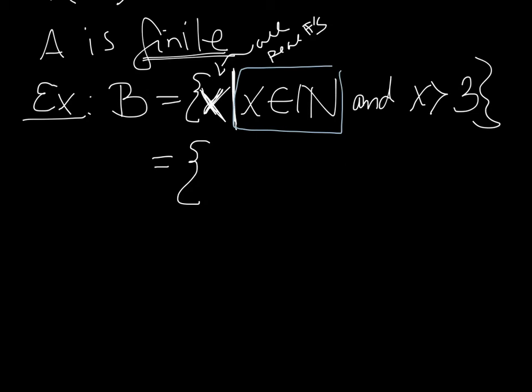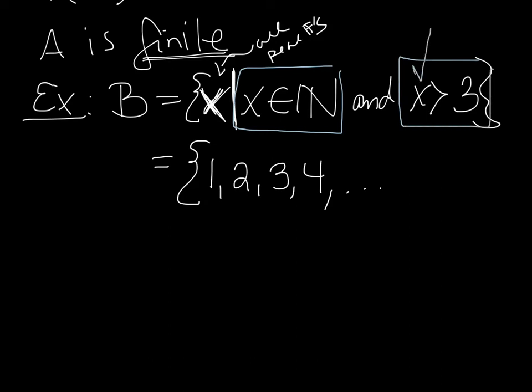Well, natural numbers are 1, 2, 3, 4, and so on. And the second condition is that natural number, the same one, has to be greater than 3, not greater than or equal to 3. Well, 1 is not greater than 3, 2 is obviously not greater than 3, 3 is not greater than 3 because 3 is equal to 3.